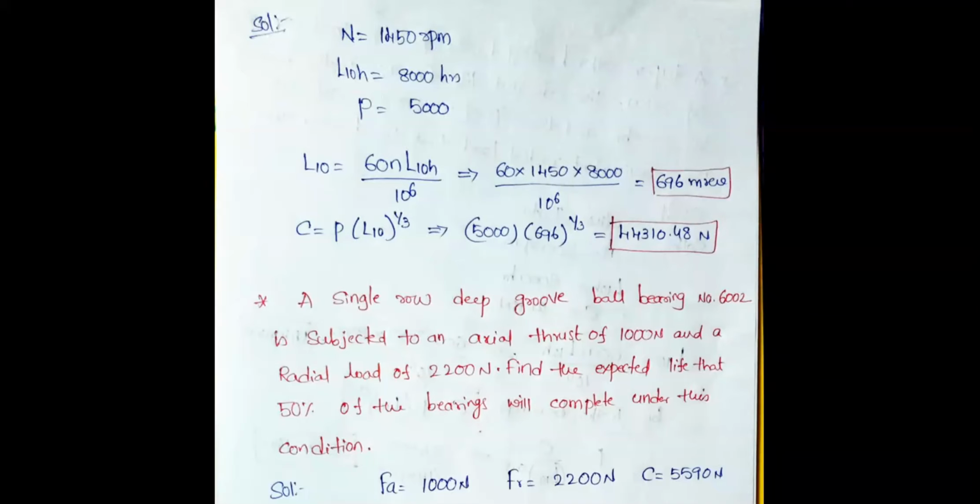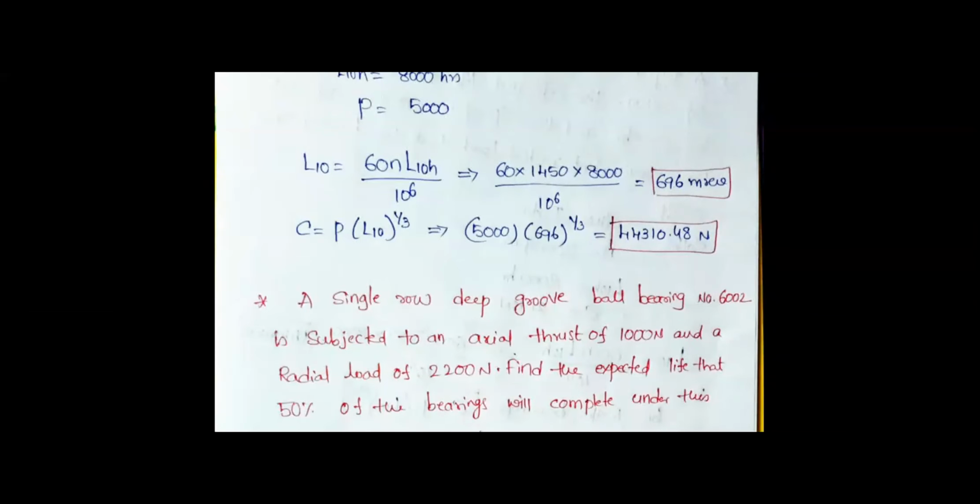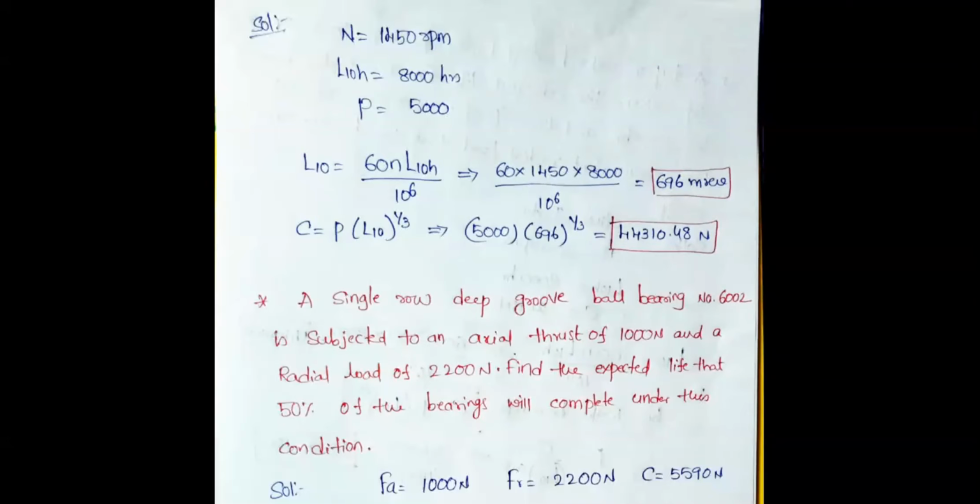Based on the relation of Fa by C0, you come to know the values of X and Y. So for this particular problem, you require a data book, otherwise we are unable to solve it. Why do we require capital X and capital Y?